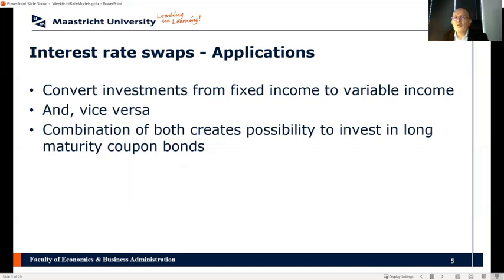The swap market is so much more liquid than the underlying bond market that many professional parties buy and hold their bonds, but then fine-tune the interest rate exposure by using interest rate swaps, and they basically don't touch the underlying bond position.